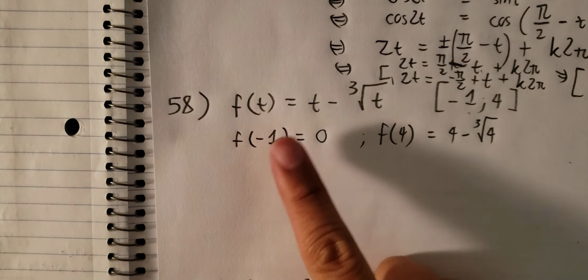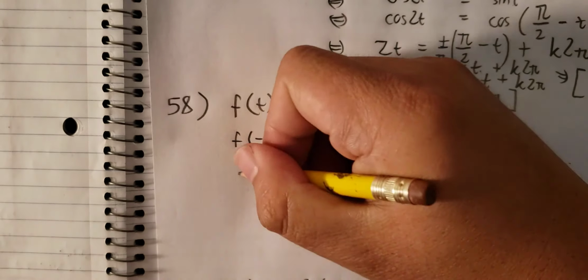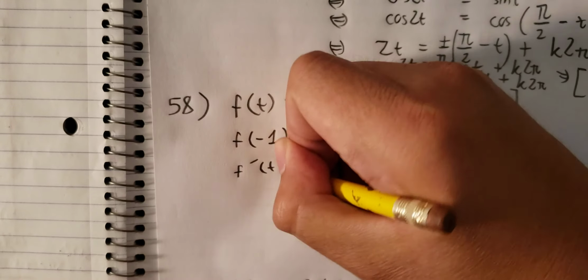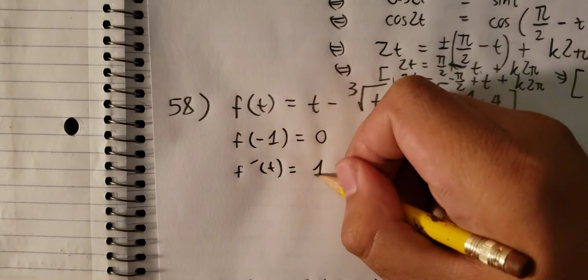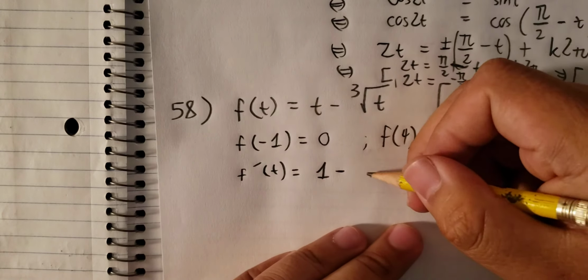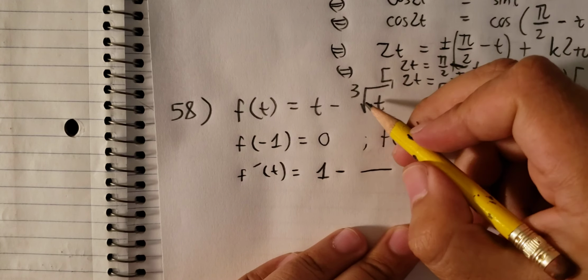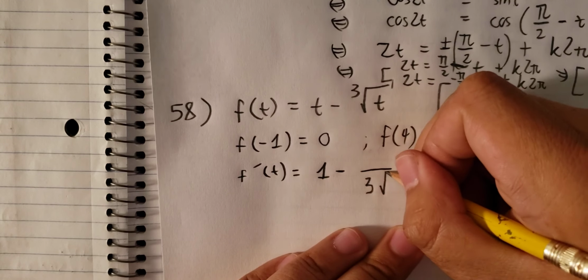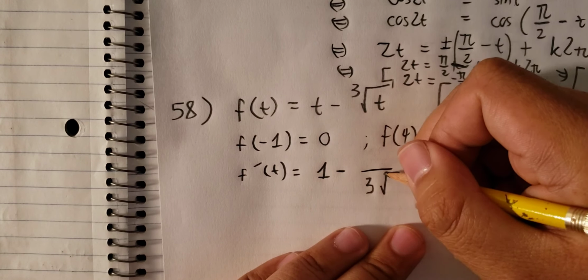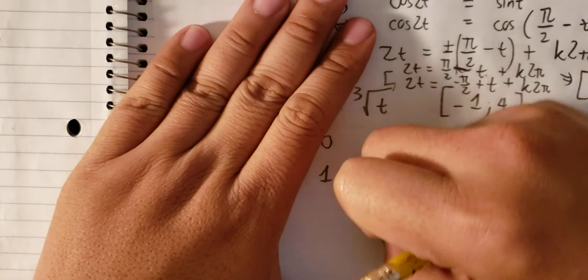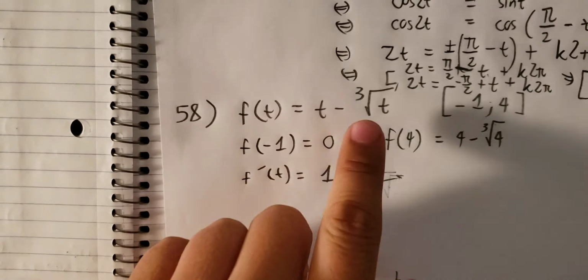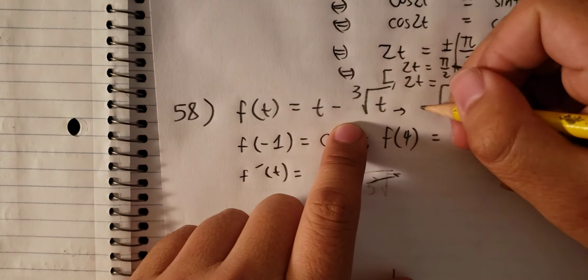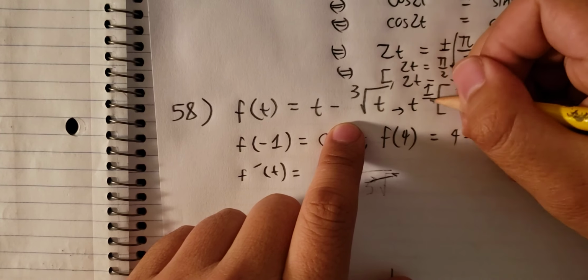Now we take the first derivative of this function, and you get 1 minus 3 times the cube root... we convert this into t to the power 1 over 3.